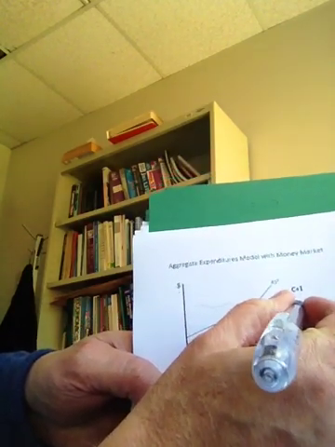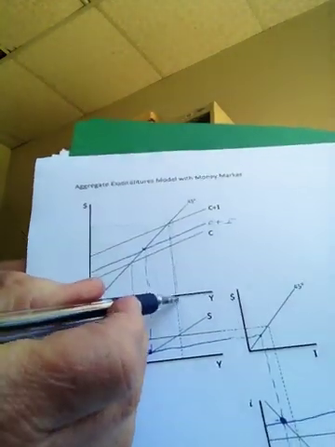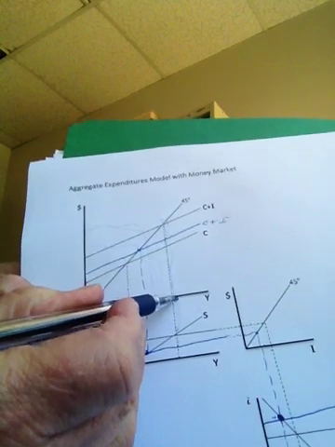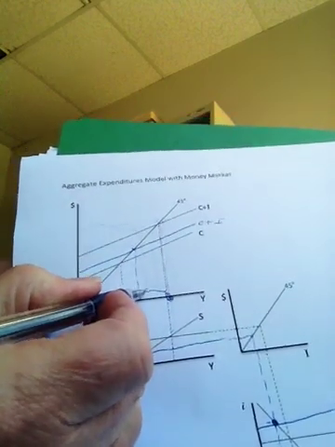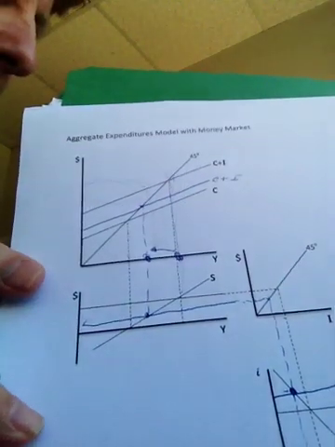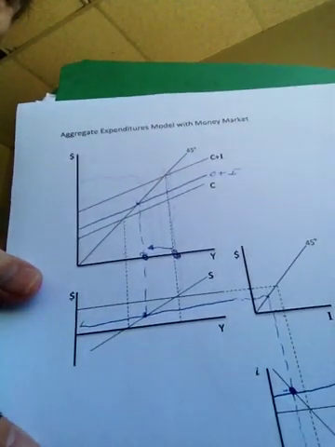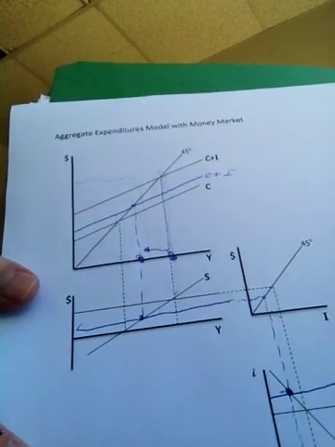There's the new C plus I function. You can see that here was the equilibrium level of economic activity, but the equilibrium level of economic activity has gone down as a result of the increase in the price level.